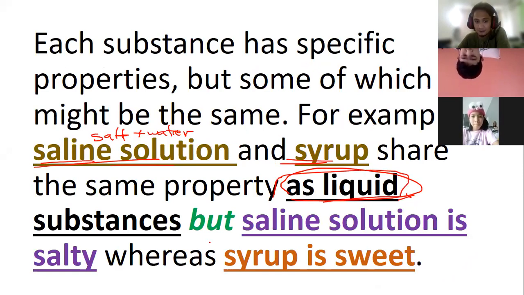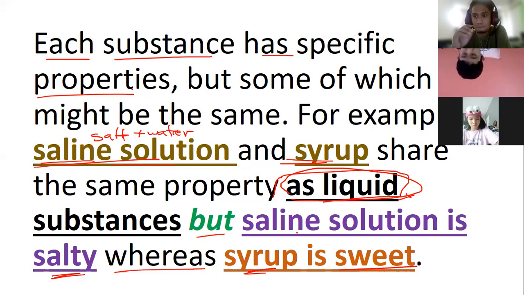But saline solution is salty, whereas syrup is sweet. That is my explanation. Each substance has specific properties, but some of which might be the same. Saline solution and syrup are the same.